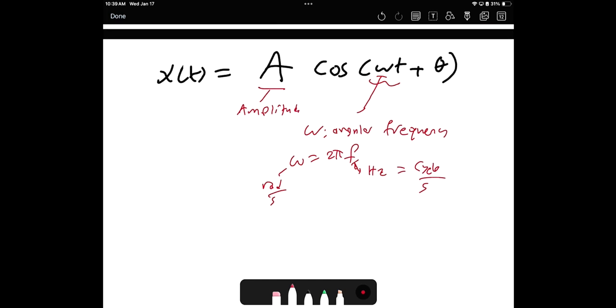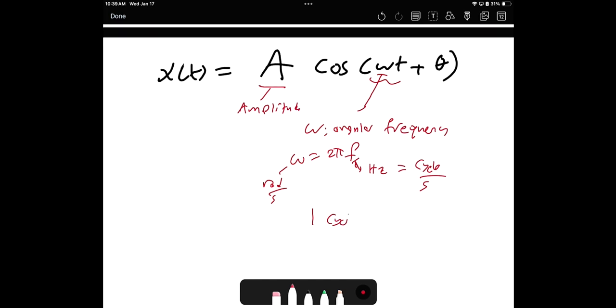To complete one cycle, we need 2 pi in radians, or 360 in degrees, whatever you use. Then we have theta, the phase shift. If your standard is radians, then you need to put it in radians. If it is in degrees, then you need to put it in degrees, depending on your expression.